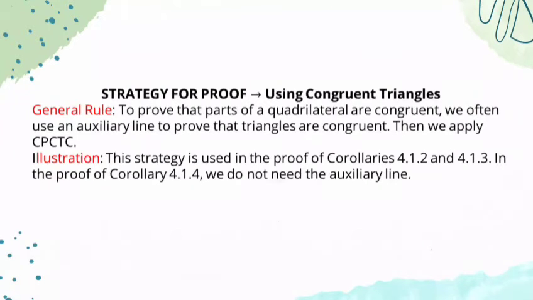Strategy for proof using congruent triangles. General rule: to prove that parts of a quadrilateral are congruent, we often use an auxiliary line to prove that triangles are congruent. Then we apply CPCTC. Illustration: this strategy is used in the proofs of corollaries 4.1.2 and 4.1.3. In the proof of corollary 4.1.4, we do not need the auxiliary line.